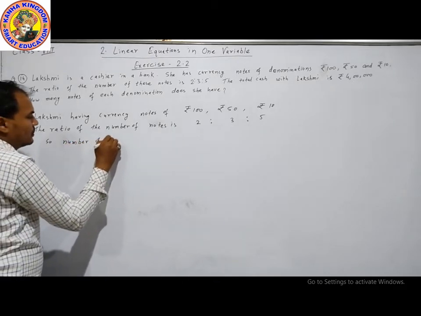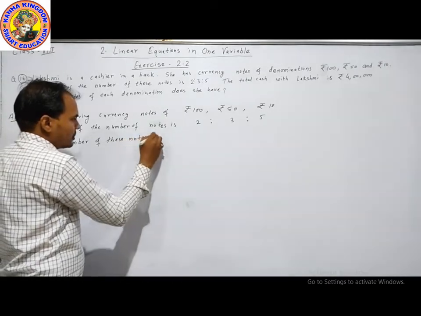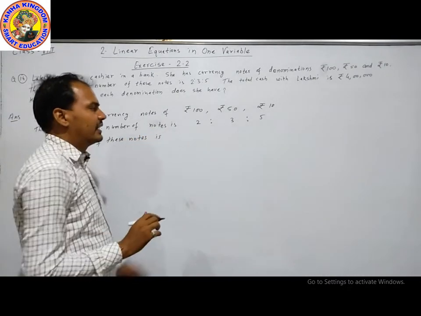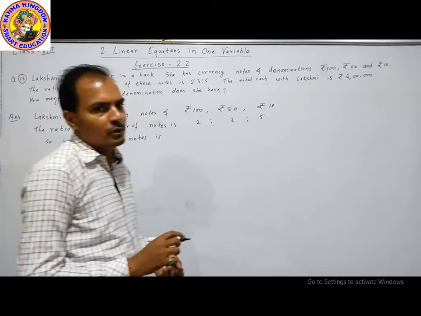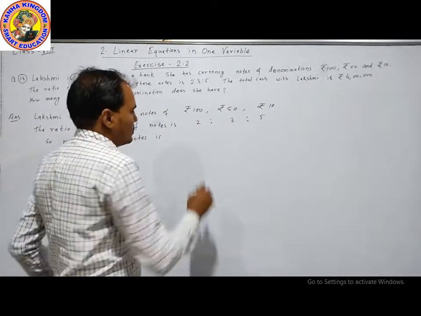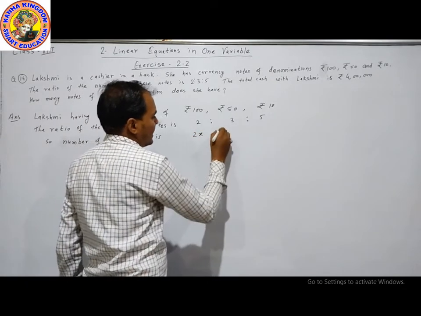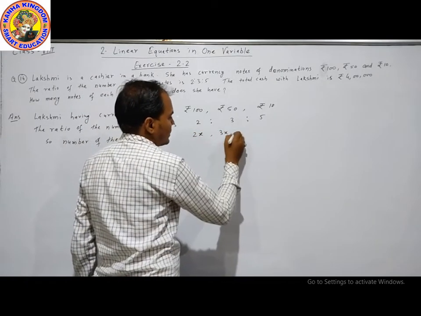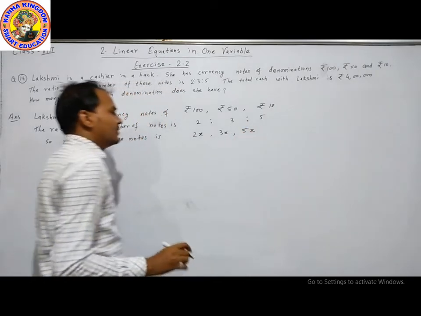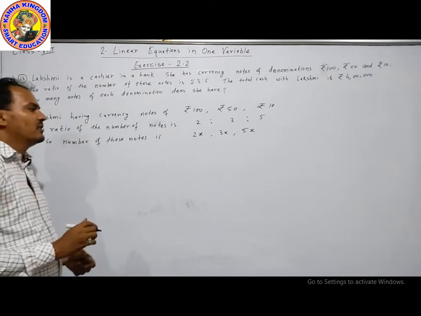When we are given the question in ratio form, we will multiply by x. So the number of notes are 2x, 3x and 5x.